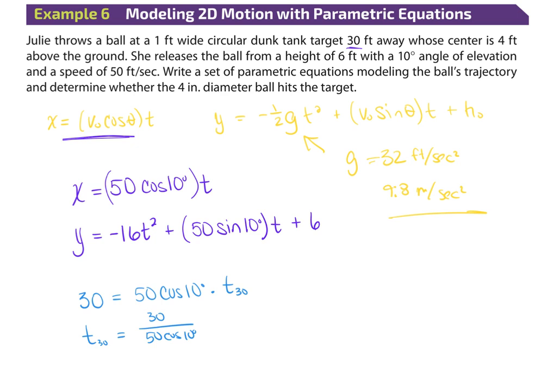If not, it's going to just go 30 divided by 50, then that answer times cosine of 10, and that will be wrong. So pay attention to how you input this into your calculator. You do need parentheses around that when you do your division. So what do you get? You should get approximately 0.61 seconds, all right?